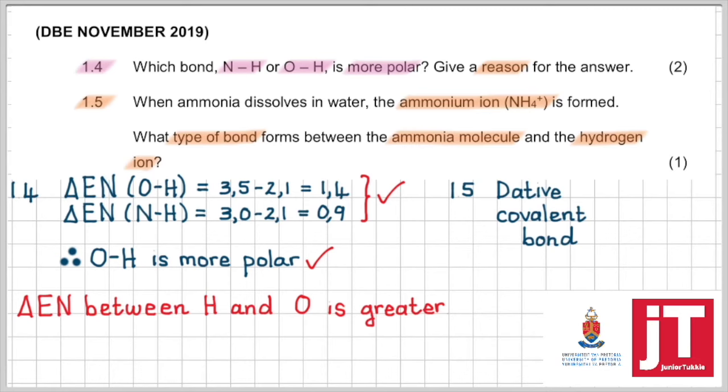And for writing this down, you will obtain 1 mark. Ladies and gentlemen, you will not obtain this mark for simply stating covalent bond. You need to state that it is the dative covalent bond, or you could call it the coordinate covalent bond.